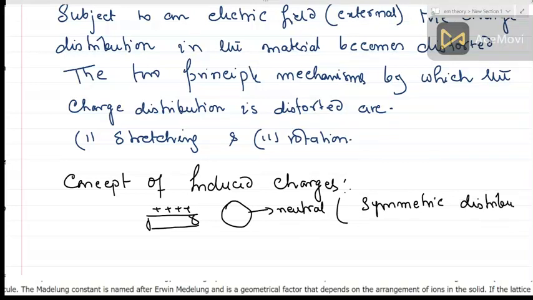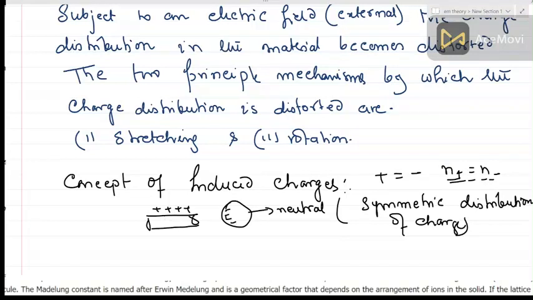Now properly understand what neutral means. Neutral means symmetric distribution of charge. We are talking about the internal distribution of charges. In general, symmetry means the number of positive charges is equal to the number of negative charges, or n plus is equal to n minus.